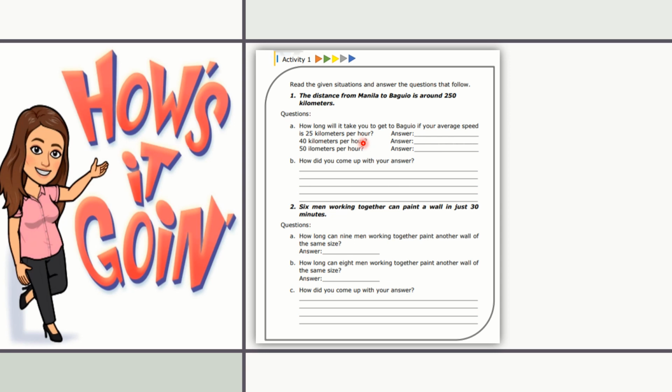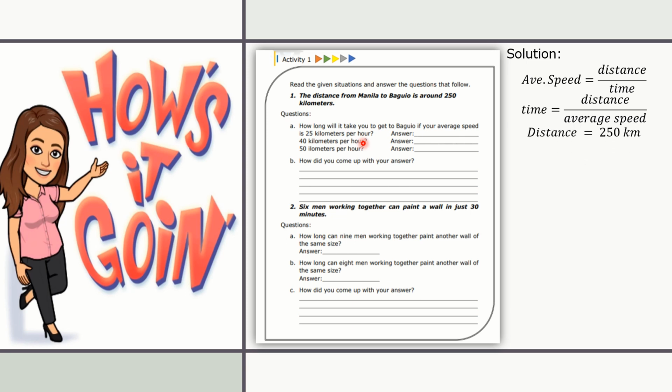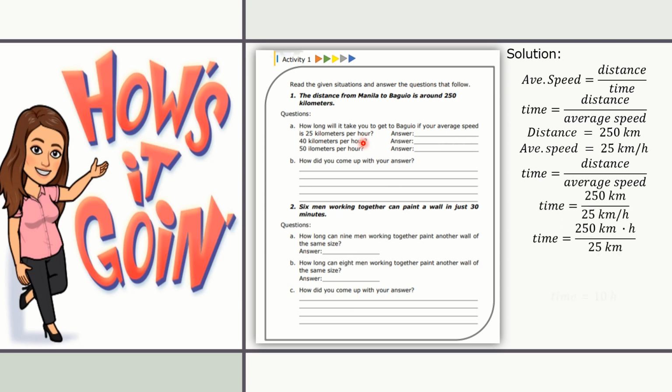To solve this, recall that the formula for average speed is equal to distance over time. Since we will be solving for time, the equation we will use is time is equal to distance over average speed. Substituting 250 kilometers to distance and 25 kilometers per hour to average speed, we get 10 hours.